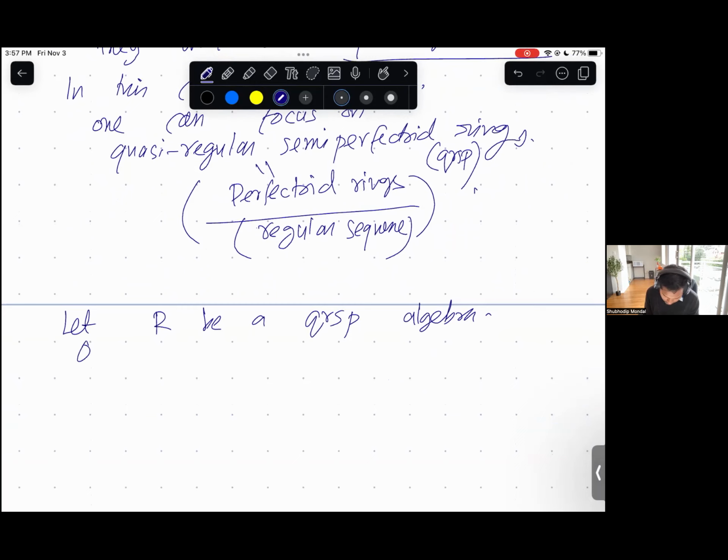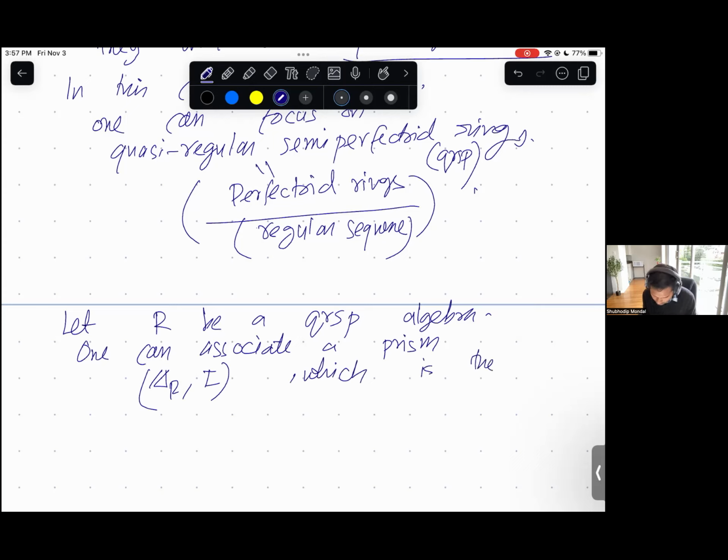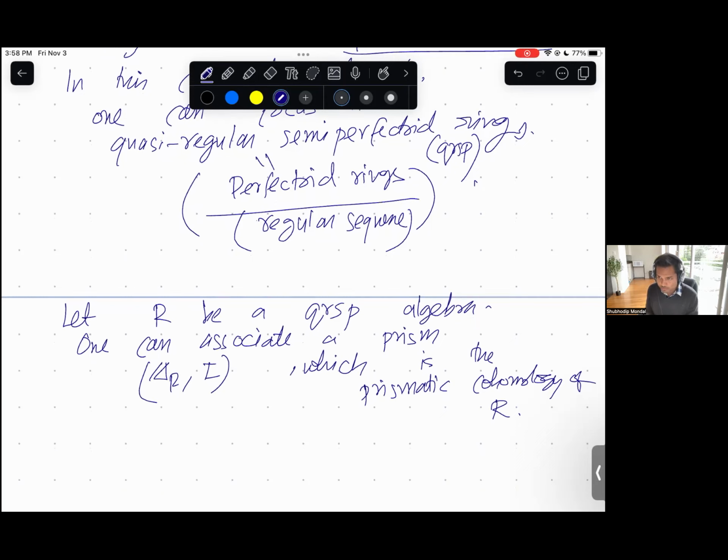In this case, one can associate a prism, which is the prismatic cohomology of R. If we were to work in characteristic p, then in this situation this prism would agree with A_crys.